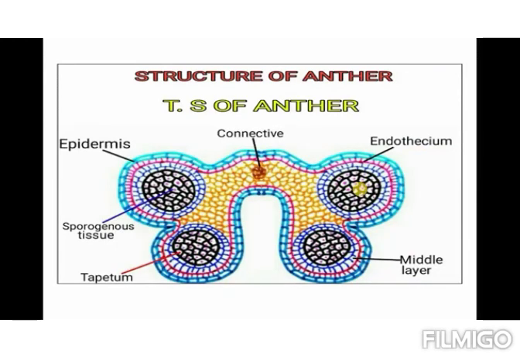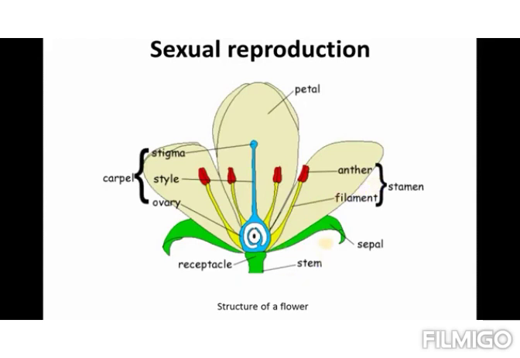In the previous slide, this is the anther. If two lobes you can see here, this type of anther is called dithecous anther. Dithecous. And if only one lobe is there, then it is called monothecous. Most of the angiosperms are dithecous.